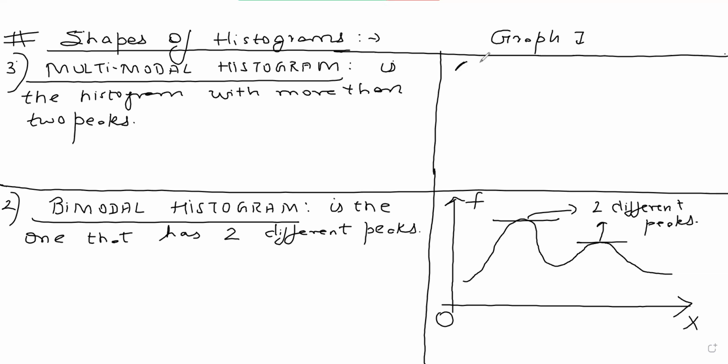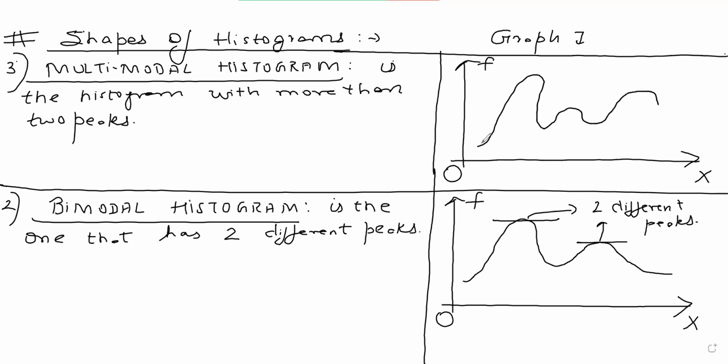Somewhat like this. Again, I have the variable and the frequency. This is one peak, this is another peak, this is another peak. So there are three different peaks, or I can draw multiple peaks. This is a multimodal histogram.